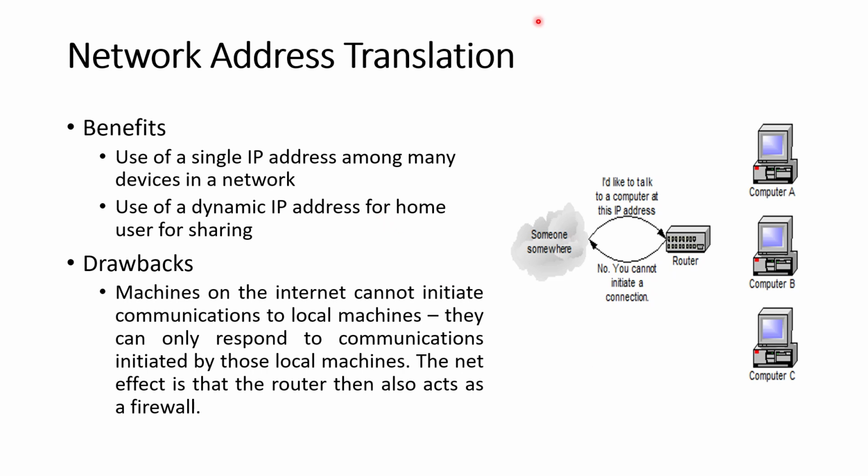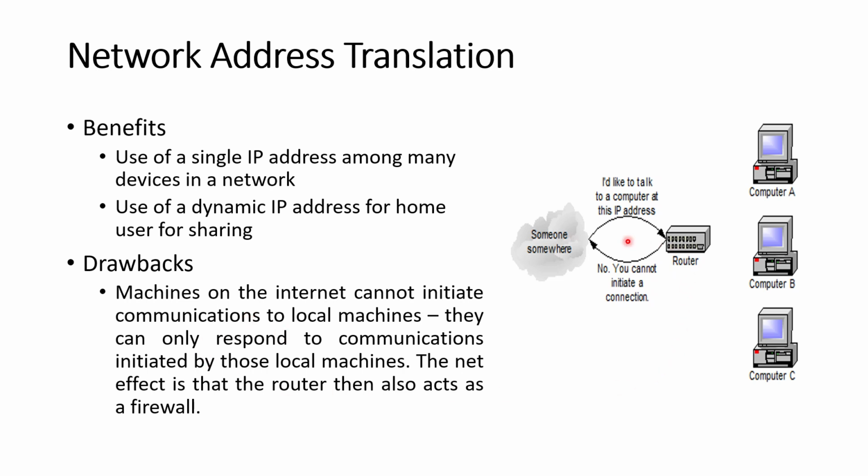Some of the drawbacks are: NAT prevents devices on the internet from starting conversations with the local machines. They can only respond to requests from local devices. This can be a problem for hosting services or servers.